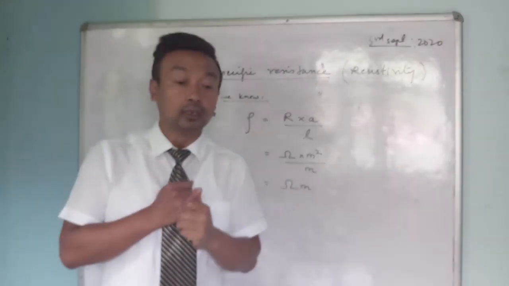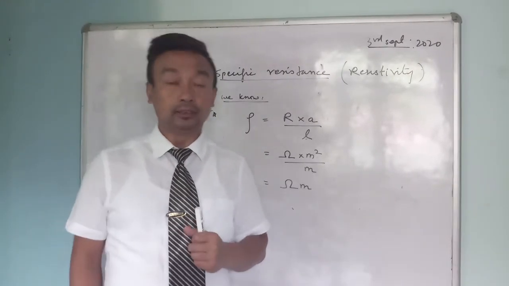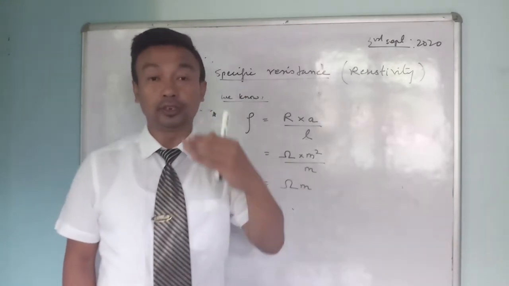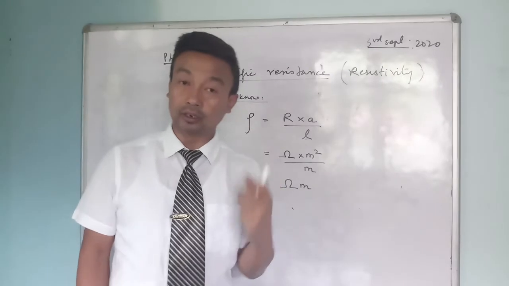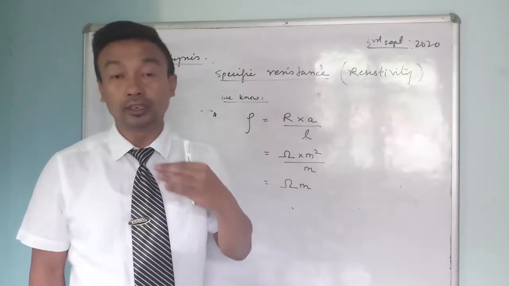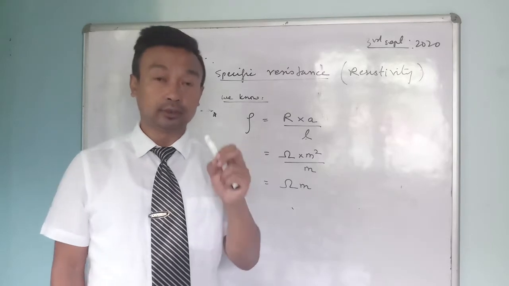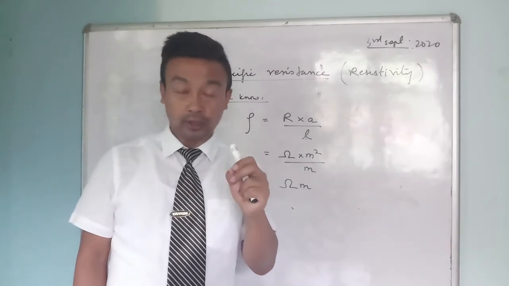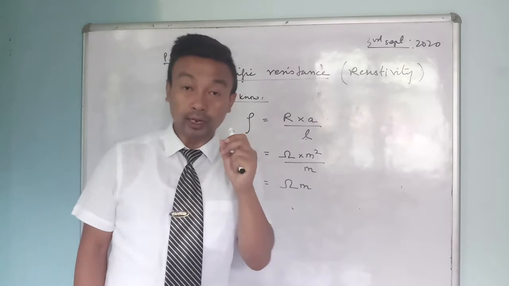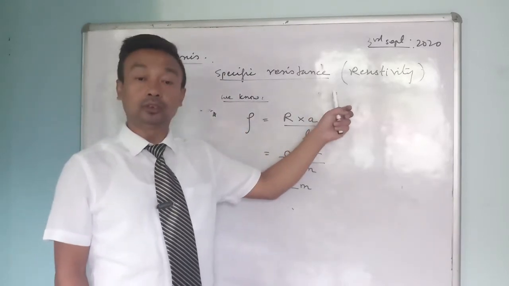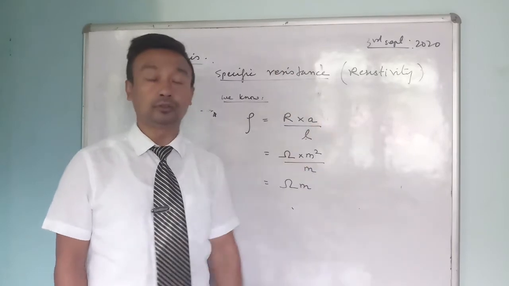For metals, specific resistance increases with the increase in temperature, but for semiconductors, the specific resistance decreases with the increase in temperature. So you have to make a note of this and write it down, and you will find all this in the textbook. Please refer to that.